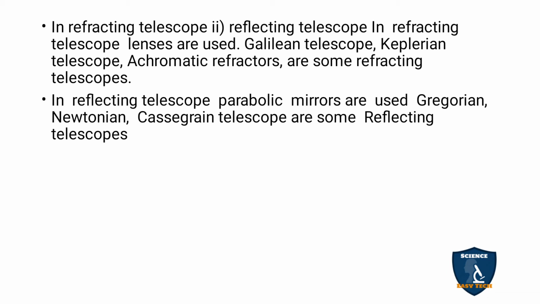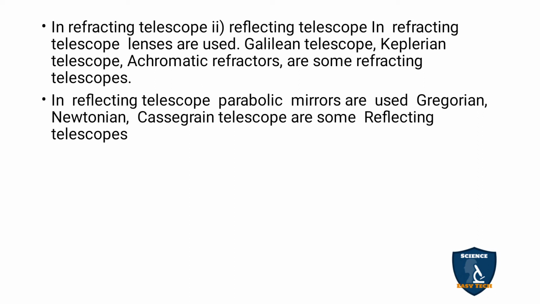In a reflecting telescope, parabolic mirrors are used. In refracting telescopes they use lenses, but here parabolic mirrors are used. Gregorian, Newtonian and Cassegrain telescopes are used as reflecting telescopes.